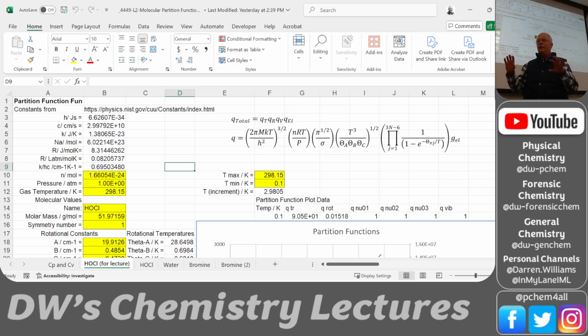Okay, but the differences in materials really comes about by either it being like a monatomic gas versus a diatomic gas or more, or a linear molecule versus a bent molecule, because that's going to change the rotations.